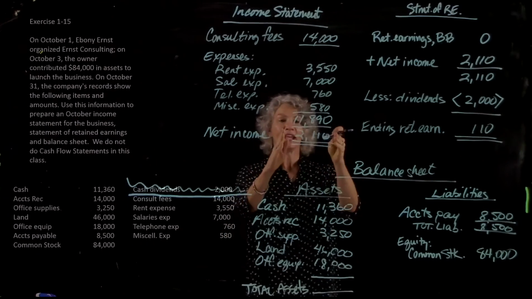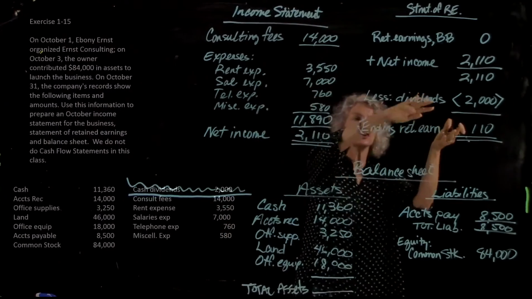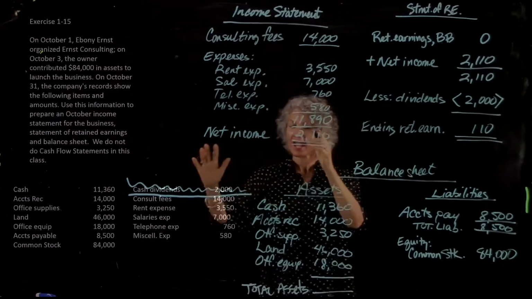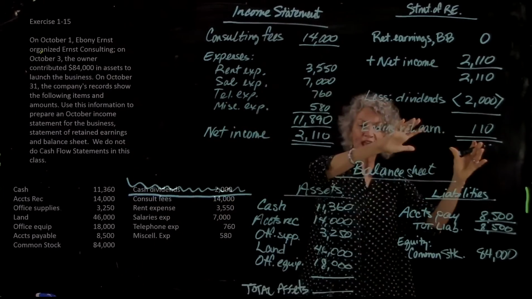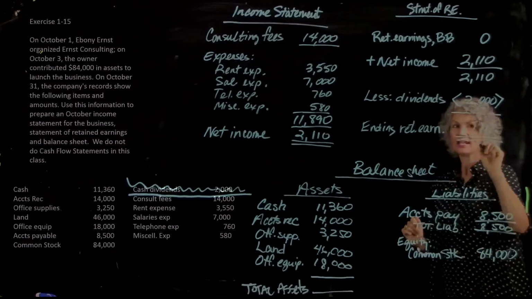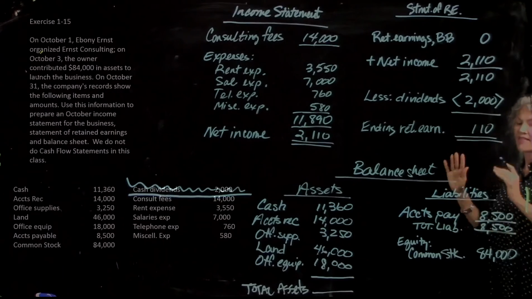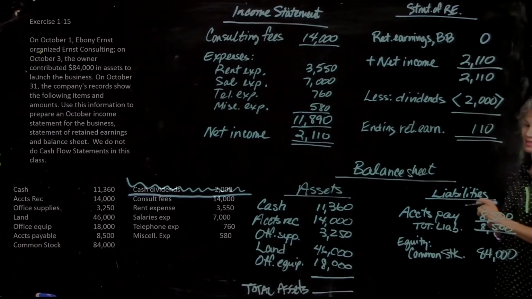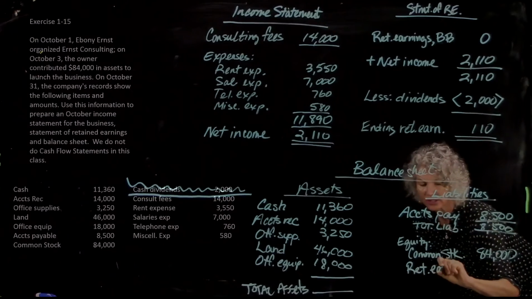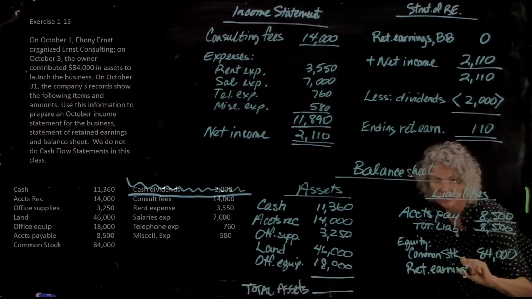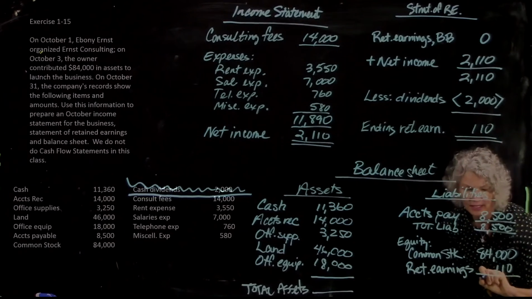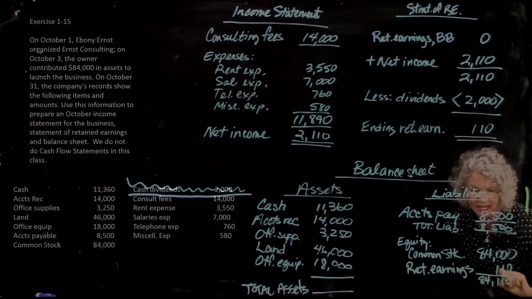So see, the net income rolls into retained earnings and the dividends roll out of retained earnings, and the only thing you see on the balance sheet is ending retained earnings. And that's what makes the balance sheet balance, okay? Retained earnings of 110. So total equity is 84,110.